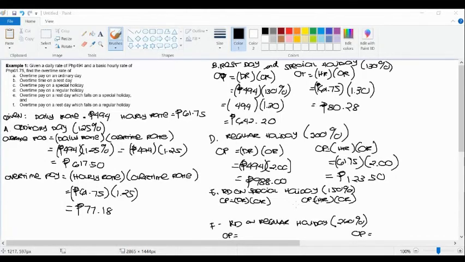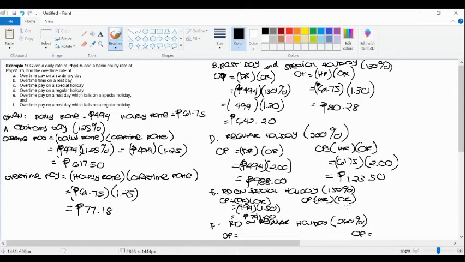For the overtime daily and hourly pay rate on a rest day which falls on a special holiday, we compute it by 150%. So 494 multiplied by 1.50 will be equal to 741 pesos.